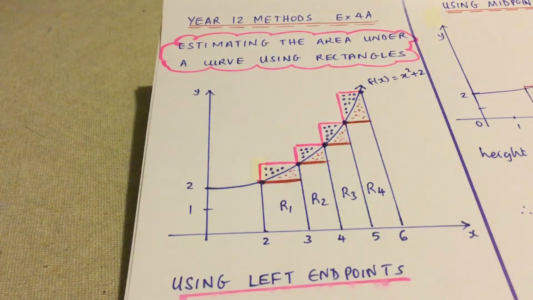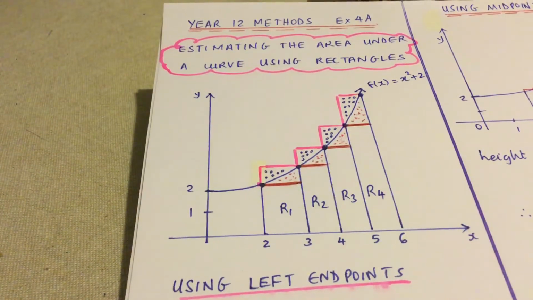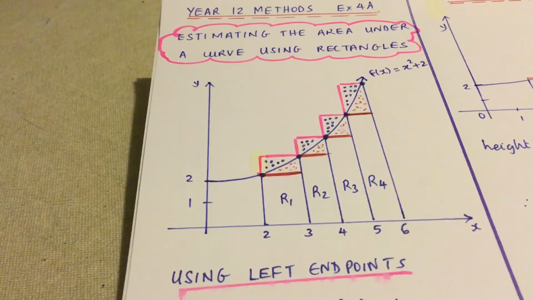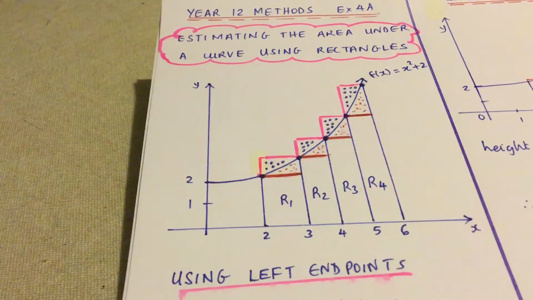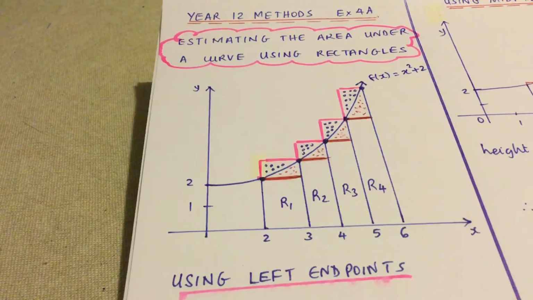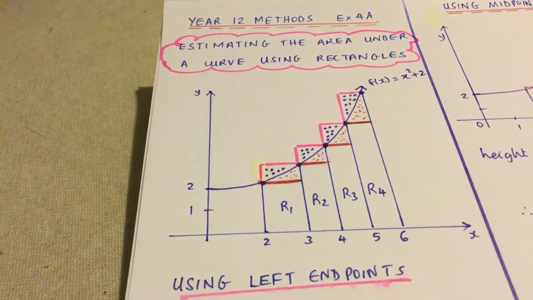If you look at rectangle 1, R1, it lies between 2 and 3. So 2 is called the left endpoint and 3 is called the right endpoint. To find the area of R1 using left endpoints, we need to find the height of R1.